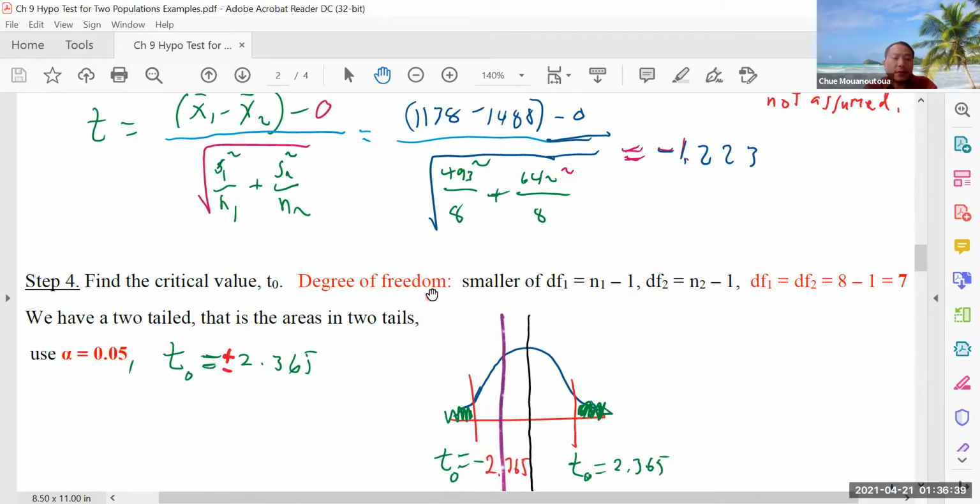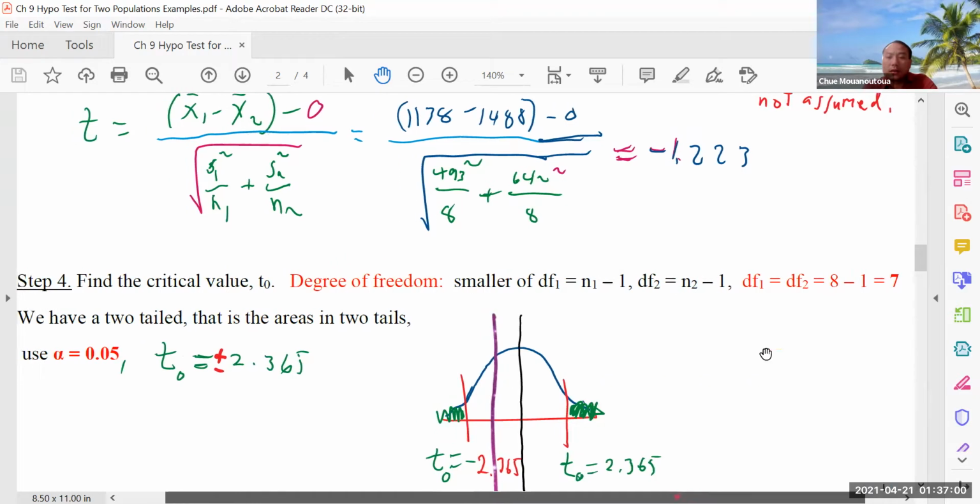Here, we can look at degrees of freedom, and we have 2 populations, one for females and one for males. N1 is 8, N2 is also 8. So df1, the degrees of freedom of the first population, is the same as df2 of the second population.